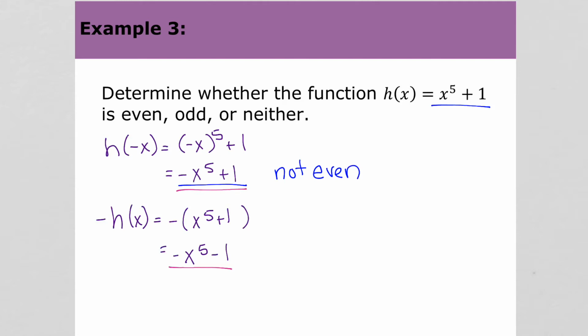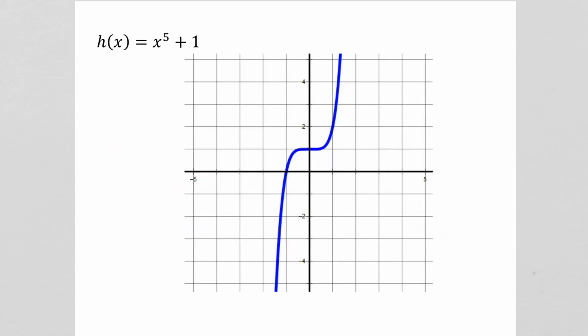Okay, that's what tells us if it's odd, if h of negative x is the same as negative h of x. And they're not the same. So it is not odd. So we can say that this function is neither even nor odd. If you look at the graph, you can see why.